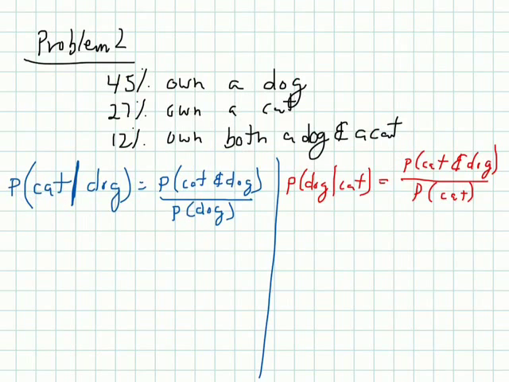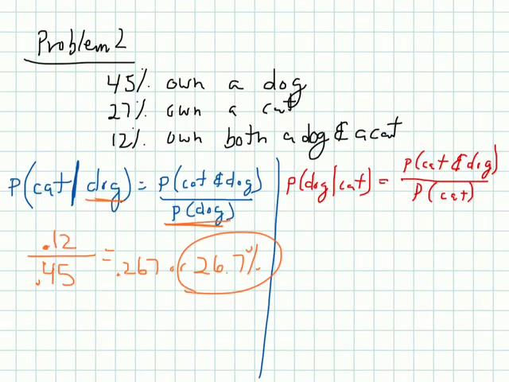So what's the probability that you would own both? Well, 12%. There's a 12% chance that you would own both. So it's 0.12 over the probability that you would first own a dog, which is 0.45. And that equals 0.267, or a 26.7% chance that you would be a dog owner and also own a cat.